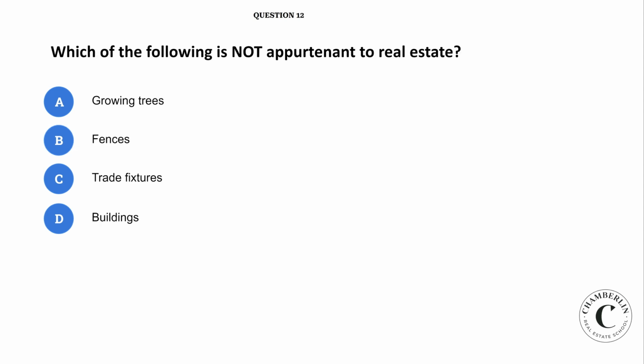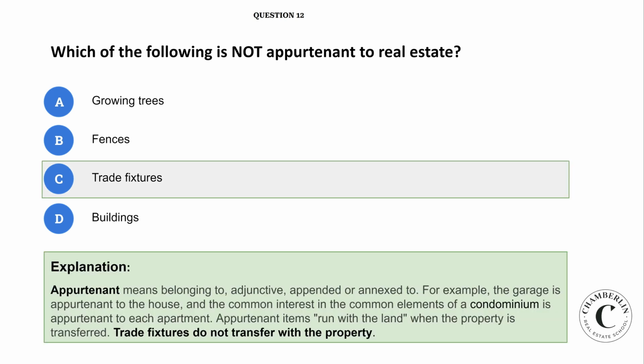Question 12. Which of the following is not appurtenant to real estate? A. growing trees, B. fences, C. trade fixtures, or D. buildings? And the answer is C. Appurtenant means belonging to, adjunctive, appended, or annexed to.